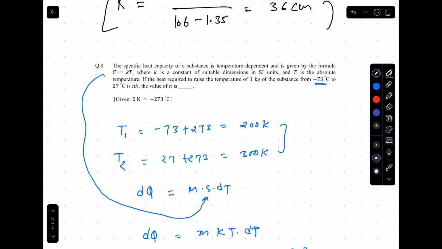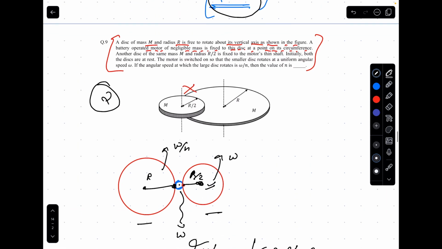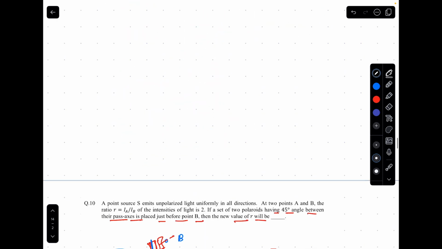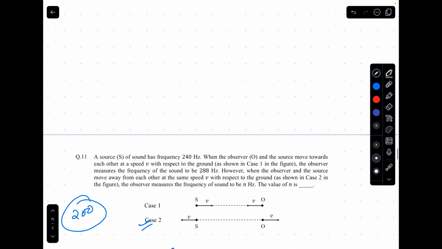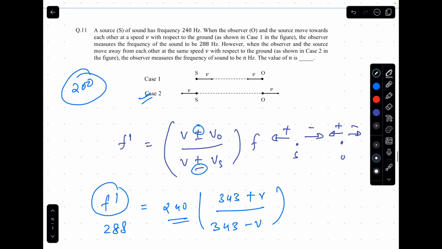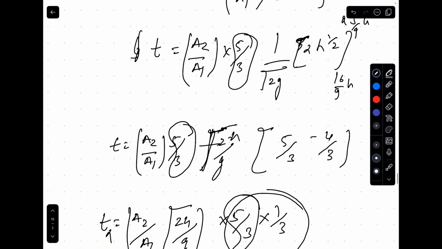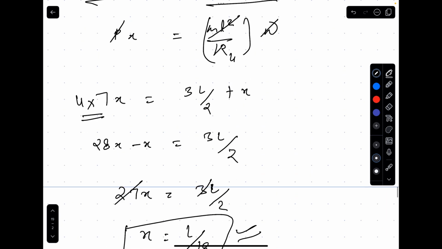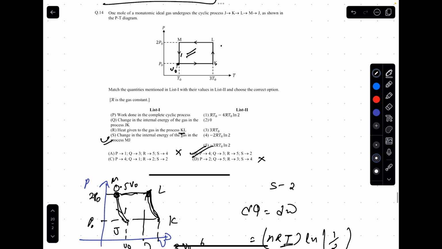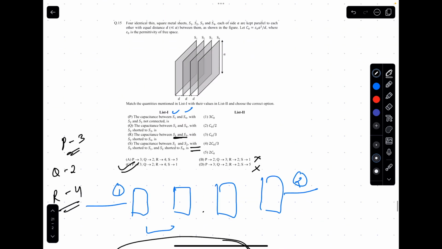Eighth question, the answer was 25,000. Ninth question answer was 2, the 10th question answer was 8, and the 11th question answer was 200. The 12th question answer was 5. The 13th question answer was 18, the 14th question answer was B, and the 15th question answer was C.